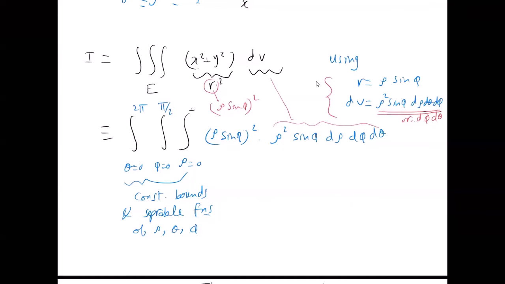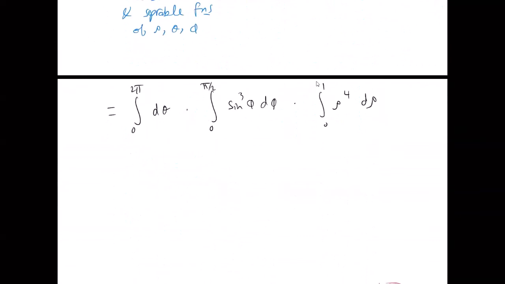And the bounds here are constants. Look here, constant bounds for rho, constant bounds for phi, constant bounds for theta. So therefore, we can find I by multiplying three integrals: an integral for rho, an integral for phi, and an integral for theta. So we get this.